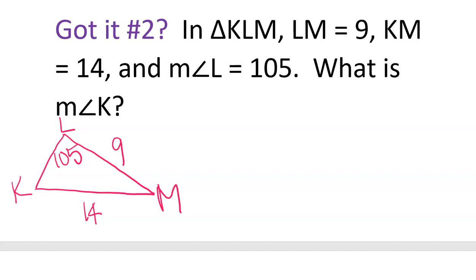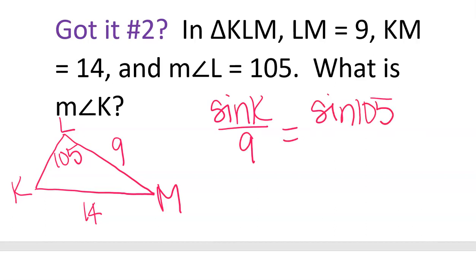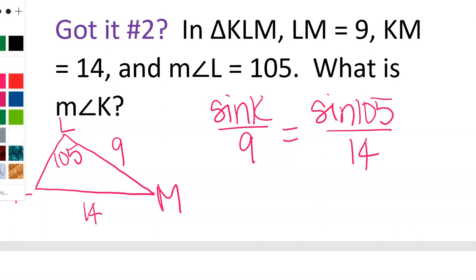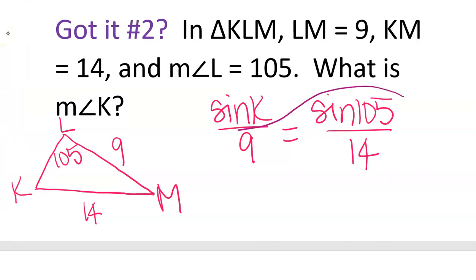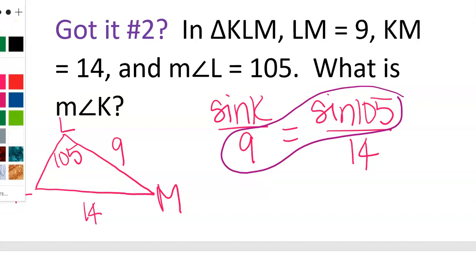So I'm going to go sine of K over 9 equals sine of 105 divided by 14. Okay, and I'm going to cross multiply, which means that I'm putting in this part first. I'm going to divide it by 14, but I still have that sine K left that we have to do something with.